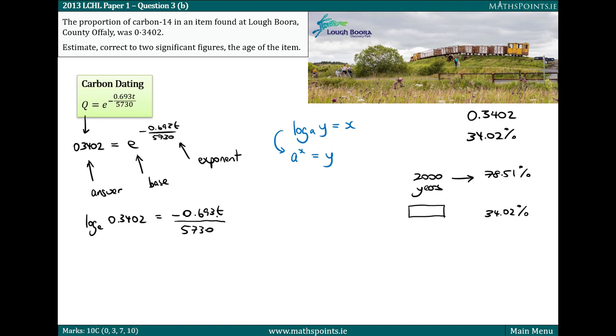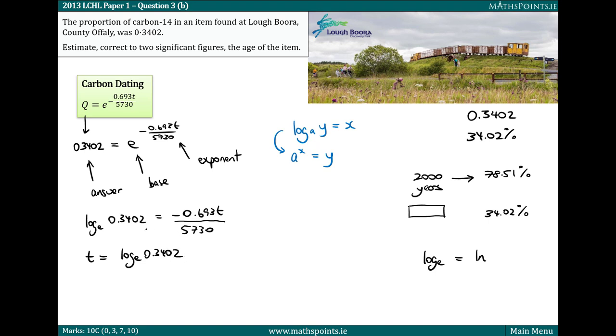I'm trying to isolate the t, so what I would do is I would multiply both sides by 5730 and divide both sides by minus 0.693. So we have that t is equal to the log base e. Now log base e, just a note here on the side, we can write that if we wanted the natural log, ln, but we'll just keep it as log base e for the minute, 0.3402.